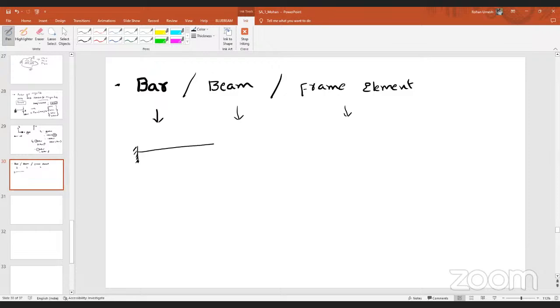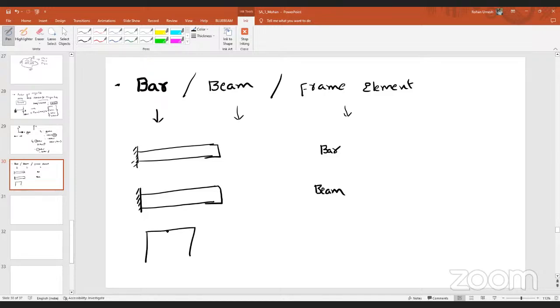Suppose I take a bar like this, what is the primary function of this? Feel free to express your thoughts, guys. Nobody is going to score you here, it's just a learning platform. So just start from zero.